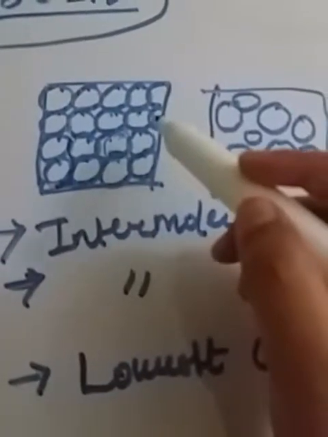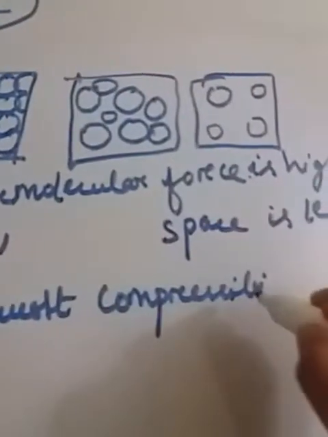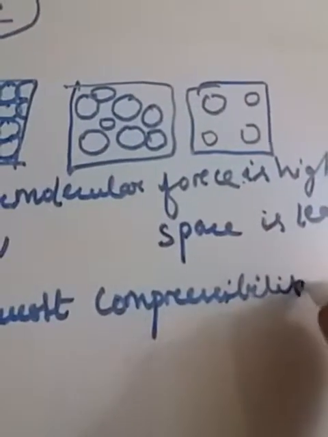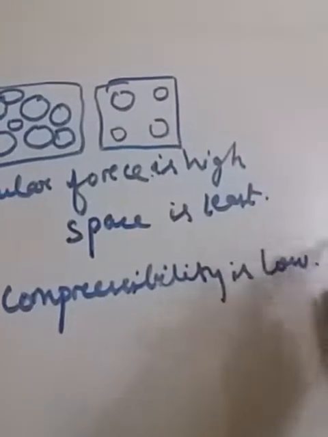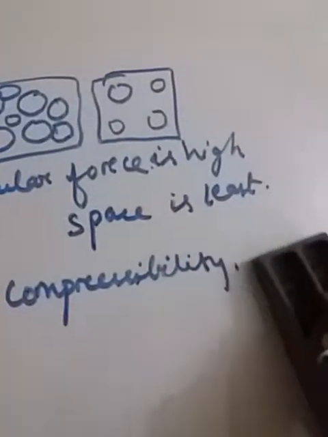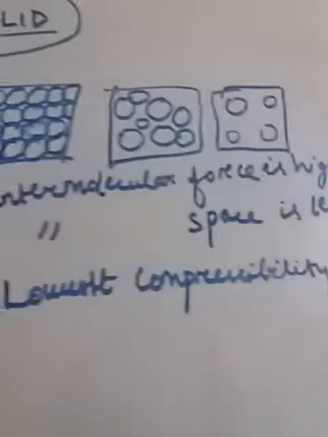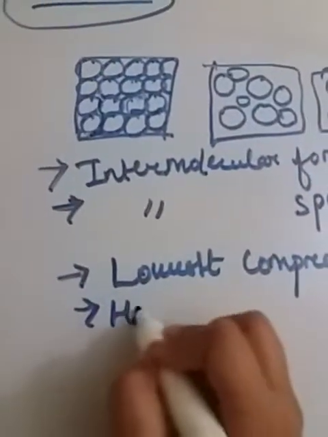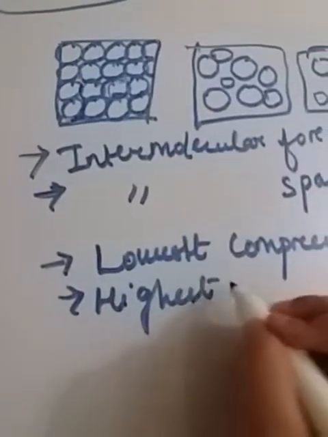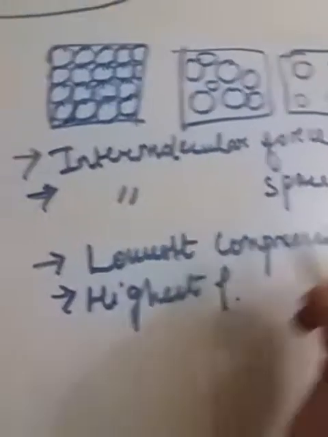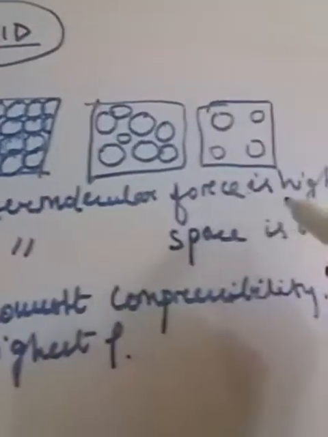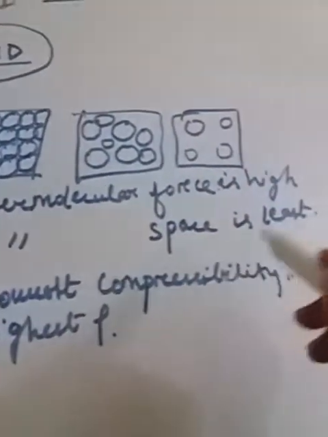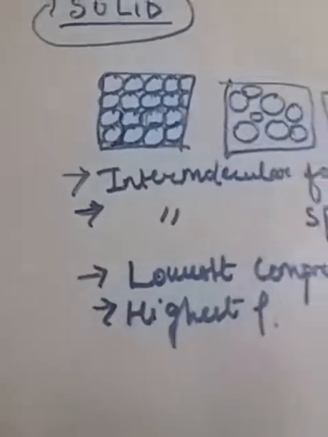So compressibility is very low, or lowest compressibility. But highest density, or rho. Highest density, lowest compressibility, intermolecular force is high and intermolecular space is least.